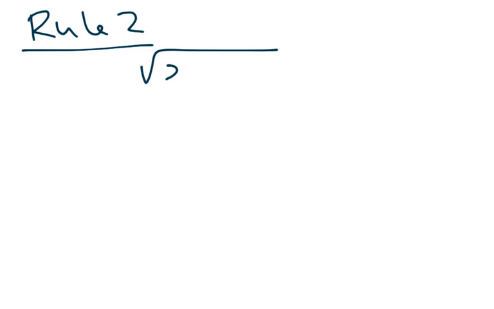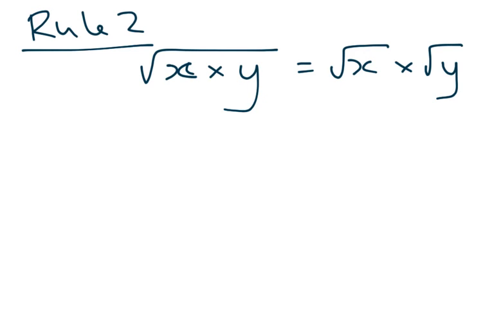And the next rule, let's say rule 2. Okay, looks like this. Root x times root y should be root x times by root y.